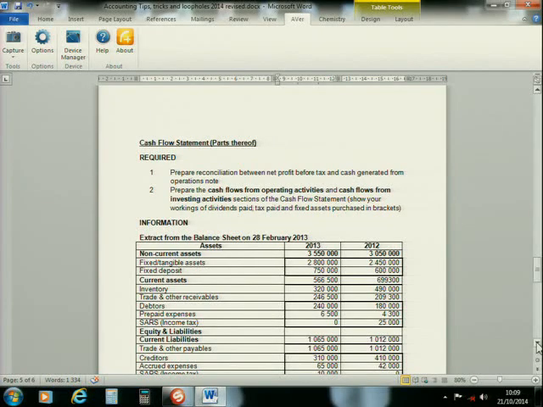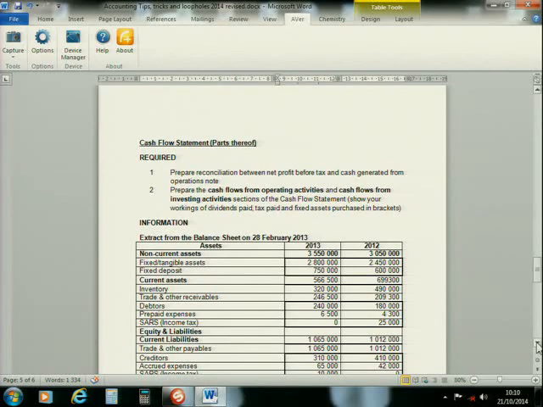It's net profit before tax, you add depreciation, you add interest expense. The sum thereof is referred to as gross operating profit before changes in working capital. Please just remember that. And there are no brackets to think of.